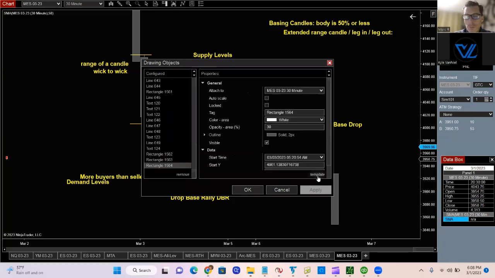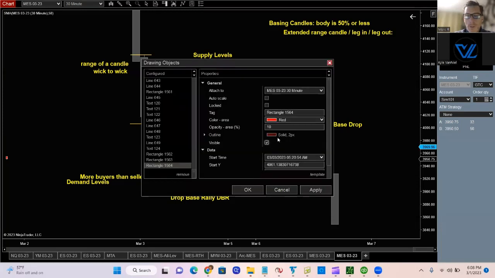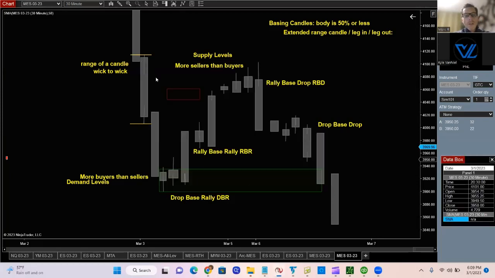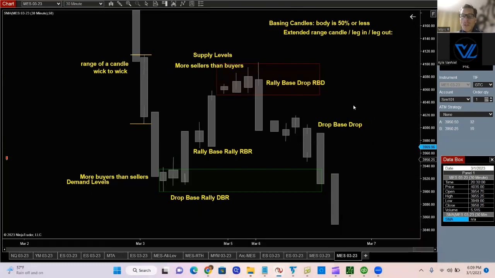I'm using red and green. I'm using red to denote supply and green to denote demand.